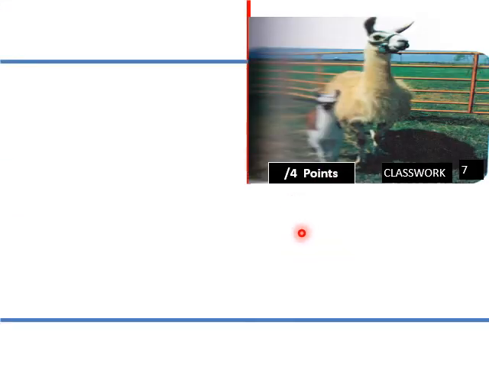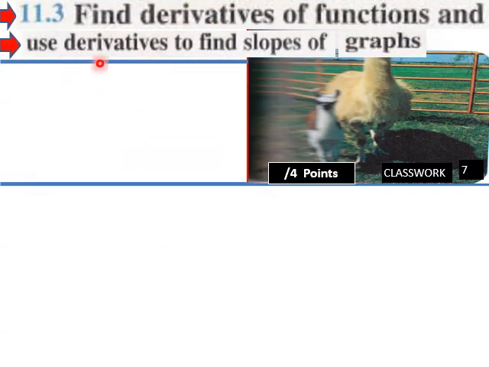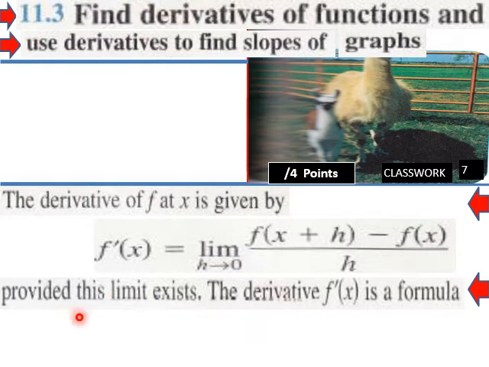Then going on now into 11.3, which we covered. Find the derivatives of functions and use derivatives to find slopes of graphs. So the derivative of f at x is given by our difference quotient here. Here's our f prime of x. As h goes to 0, it will be f of x plus h minus f of x over h, provided this limit exists.